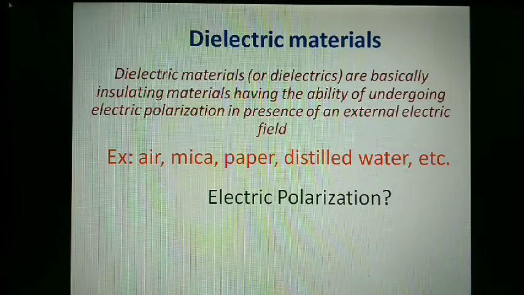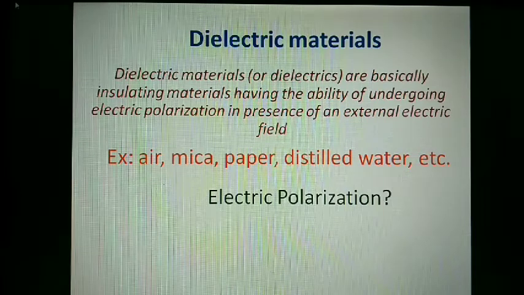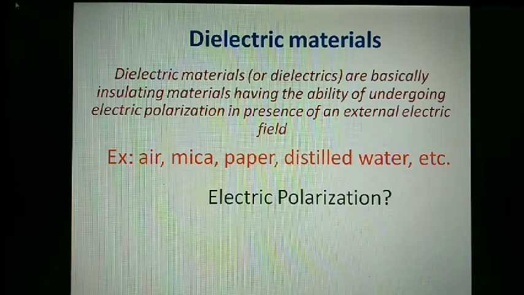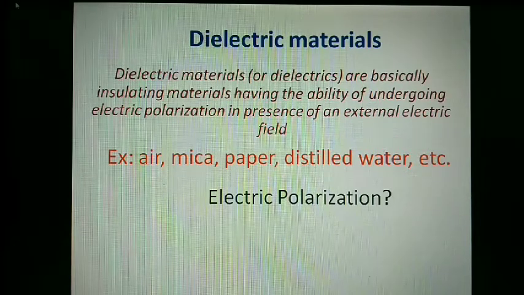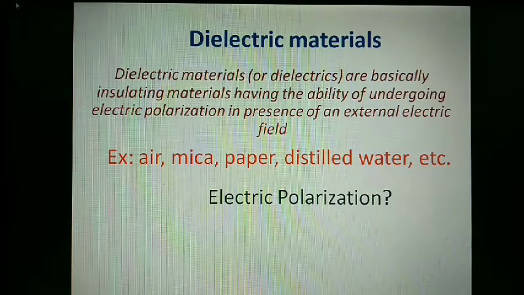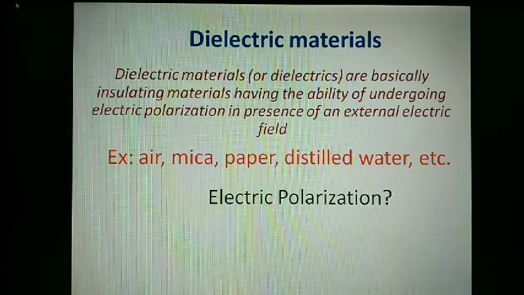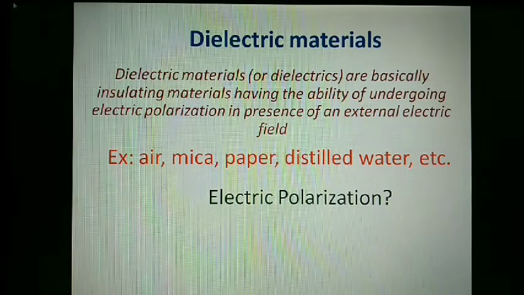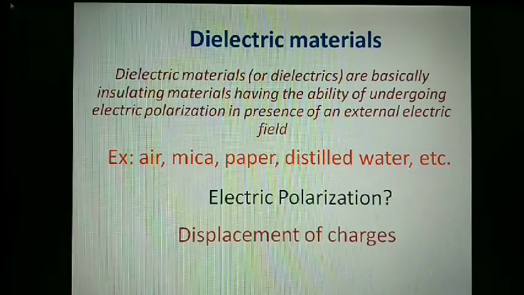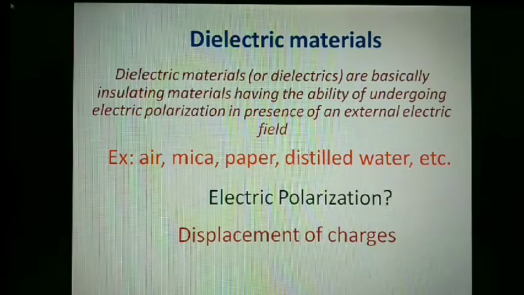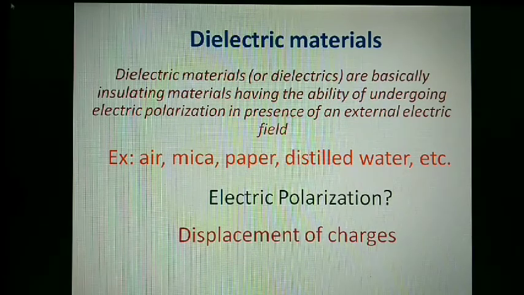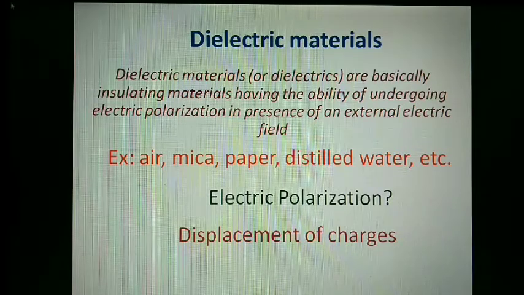And what is electrical polarization? Because that is the basic mechanism that we need to understand in order to address the dielectric materials' properties. It is very simple. It is just displacement of electrical charges within an atom or within the molecule of a given substance.